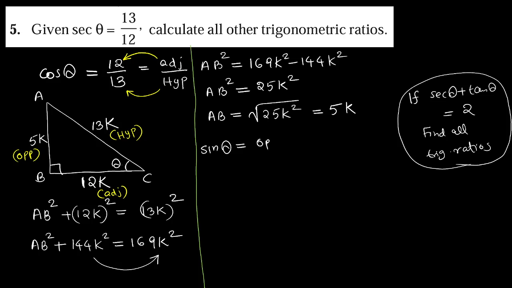Sin theta is opposite side by hypotenuse. Never forget. Look at the diagram and substitute. Opposite is 5k, hypotenuse is 13k. K cancels. 5 by 13.